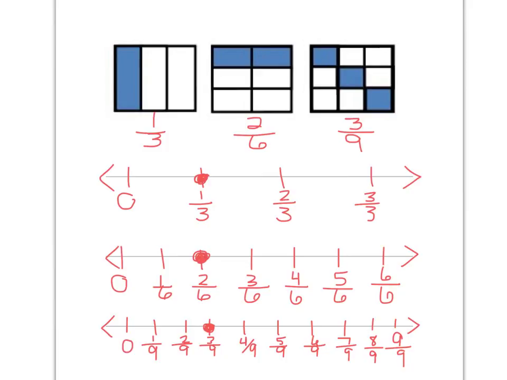For 3 ninths, they did the same. If I were to move these 3 shaded units all across in one row, they would be equivalent with 2/6 going across this first row. They all take up the same amount of space, or they name the same amount. They're just different fractions.